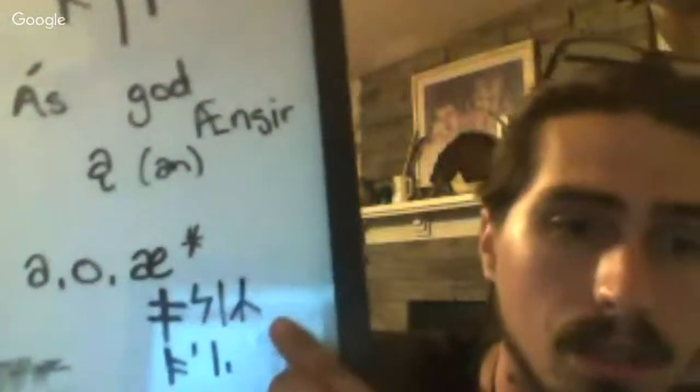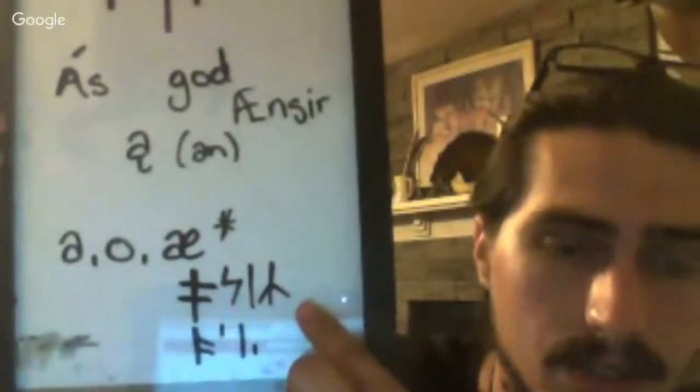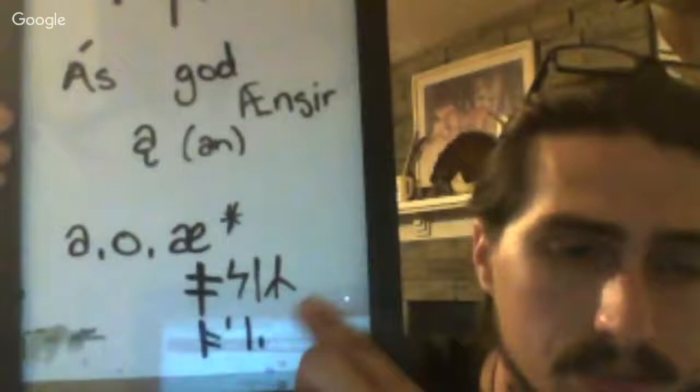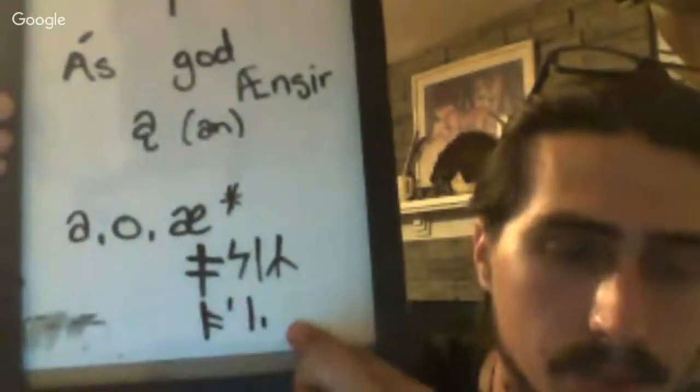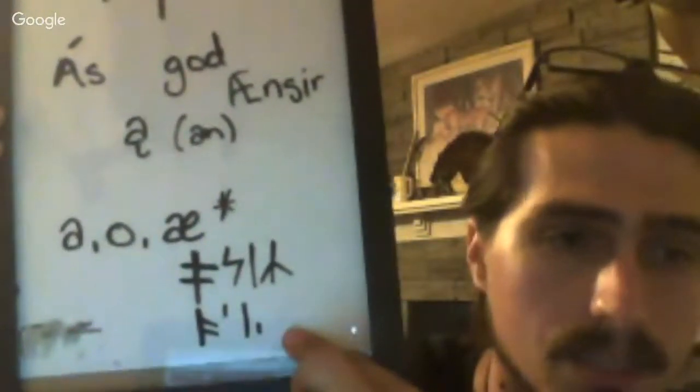Actually, that's wrong. The long branch form, Ansir, and the short twig form, Ansir.